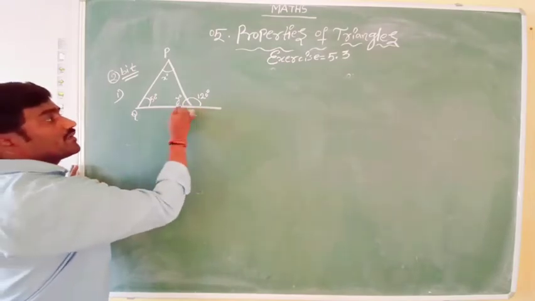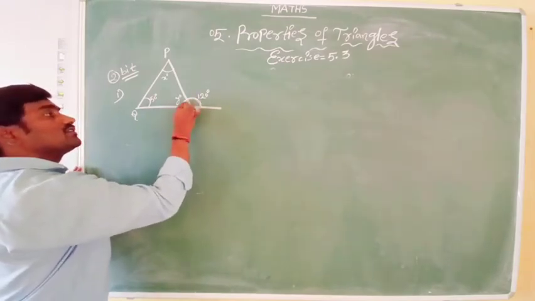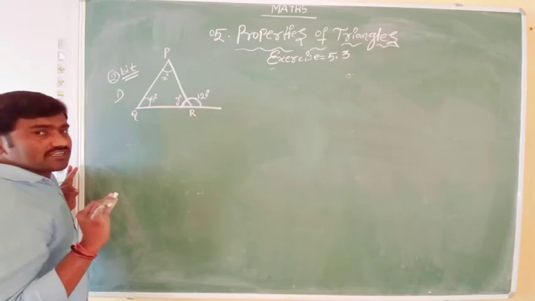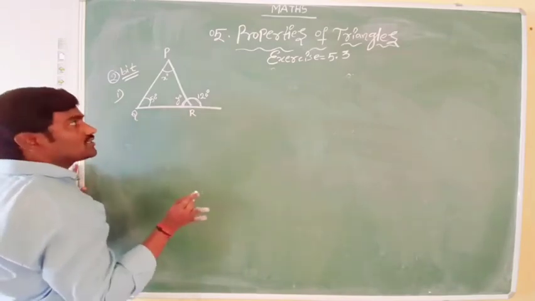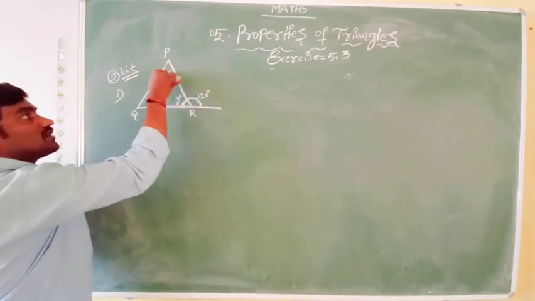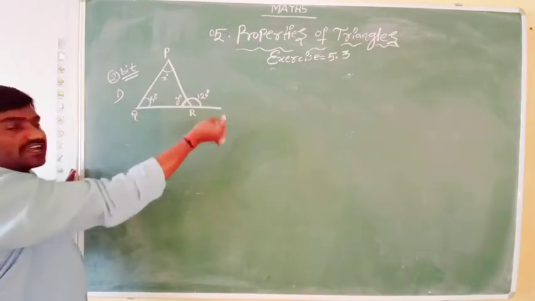By the linear pair, we know that the sum of these two angles will give us 180 degrees. Or, if you don't know that concept, let us see that the sum of two interior angles equals the exterior angle of the triangle.